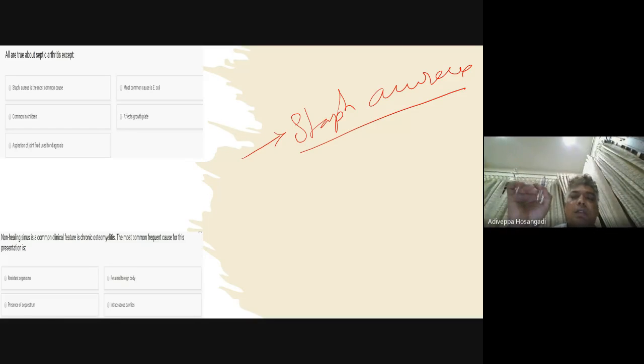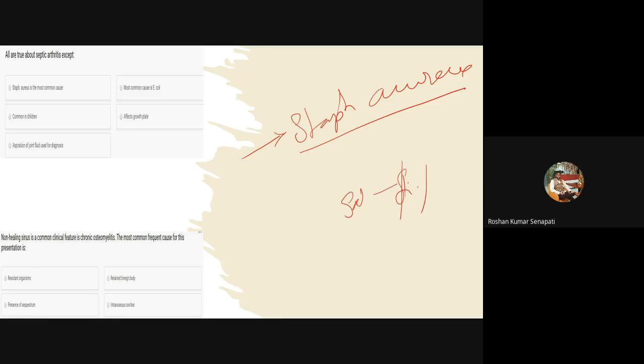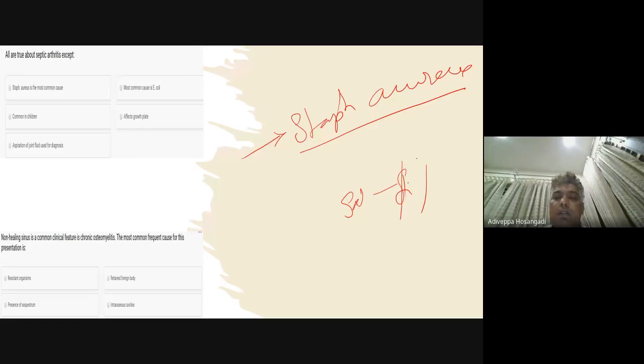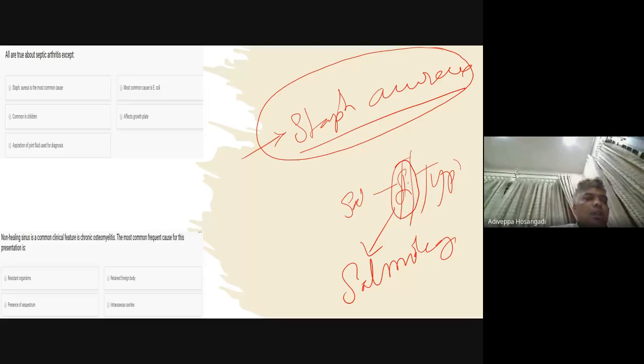Most common organism in orthopedic infection is Staph aureus. Of course, Salmonella is common in sickle cell or typhoid. Yes, sir, sickle cell anemia or in typhoid. In sickle cell disease, if there is osteomyelitis, you suspect Salmonella. Otherwise, in a normal or healthy individual, most common cause for orthopedic infection is Staph aureus across the age groups.